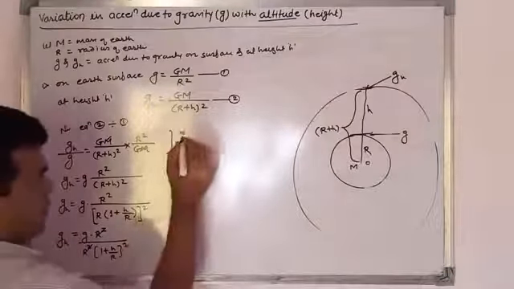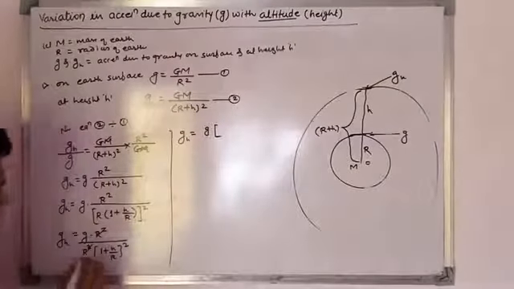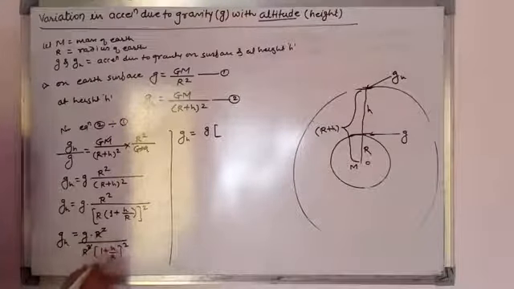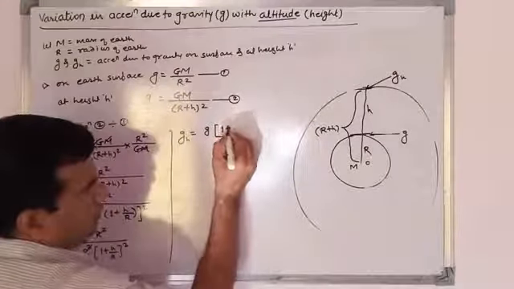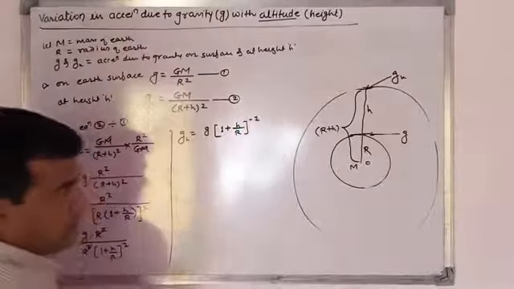Therefore this g_h can be written as g into, now here (1 plus h upon R) whole square is in the denominator, and if we write it in the numerator, then it becomes (1 plus h upon R) raised to the power minus 2.